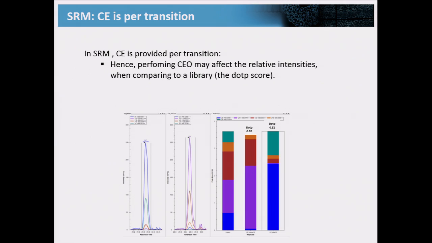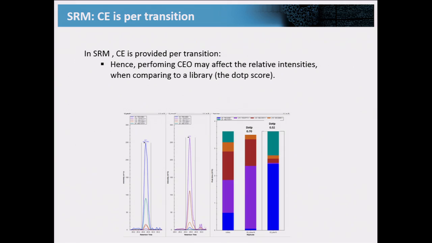If you do this, I would like to stress another point: since we're doing this per transition, if we perform any collision energy optimization, what we change is the relative intensity. Some transitions might go up, some might go down, and we get a change in the dot products. If you use a library that was acquired on one machine with one set of collision energy formulas, and then you do collision energy optimization, suddenly your relative intensities change.